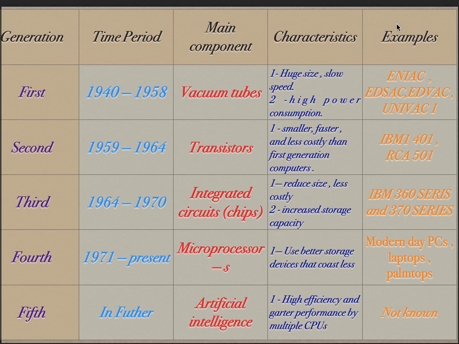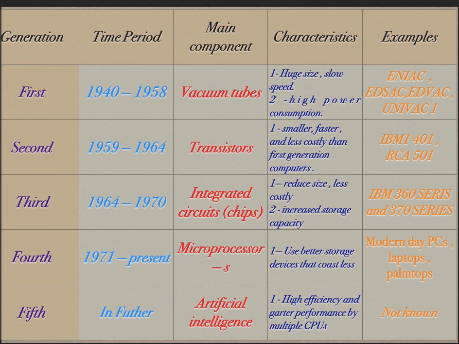The examples for the vacuum tube generation are ENIAC, EDSAC, EDVAC, and UNIVAC 1. If you want to know how these computers look, please comment down below so that I will prepare another video for that.